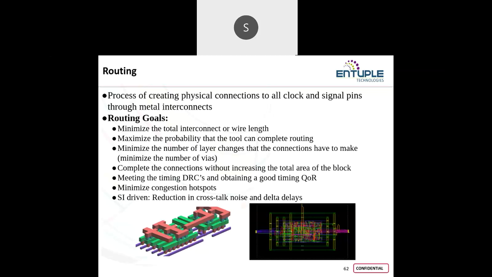Whatever constraints you mention in the SDC file, the same constraints you can modify here with respect to the skew or even the latency. With those things, I can optimize.